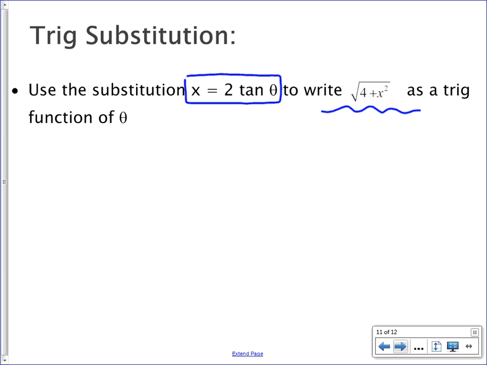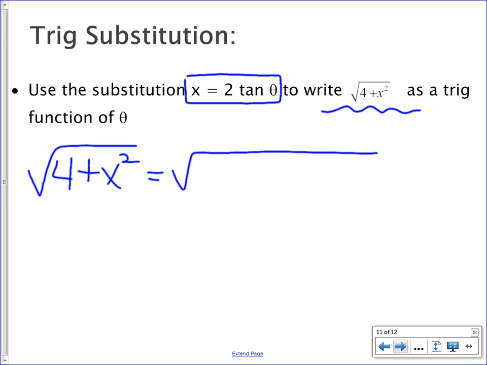So all you're doing is substituting. Instead of the square root of 4 plus x squared, we're going to write the square root of 4 plus 2 tangent of theta squared, because that is x.